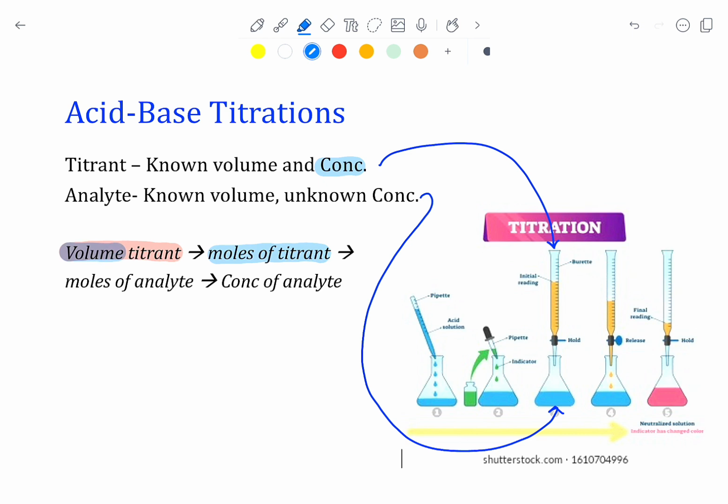If we know the moles of the titrant, and we know the reaction that's happening, meaning we have a balanced chemical reaction, we can use a mole-to-mole ratio to find the moles of analyte. And since we know the volume of the analyte, if we know the moles of analyte and the volume of analyte, that allows us to find the concentration of the analyte.